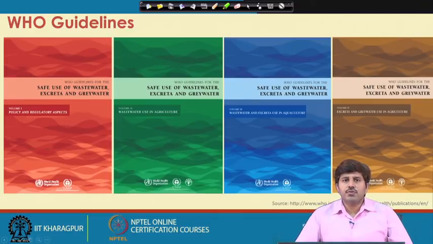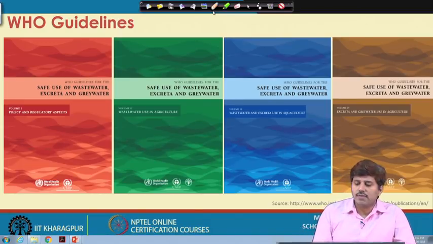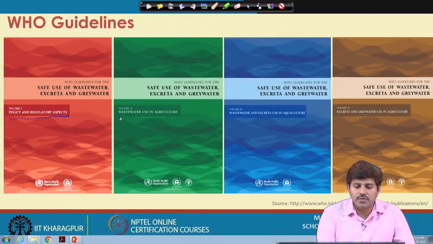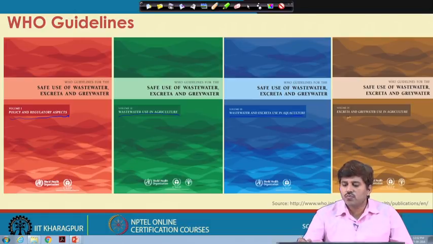If we see the WHO guidelines, they prepared a 4-volume manual on guidelines for safe use of wastewater, excreta and grey water. These 4 volumes were released and are available online. Volume 1 dealt with the policy and regulatory aspects, volume 2 dealt with wastewater use in agriculture, volume 3 was wastewater and excreta use in aquaculture, whereas volume 4 was excreta and grey water use in agriculture.